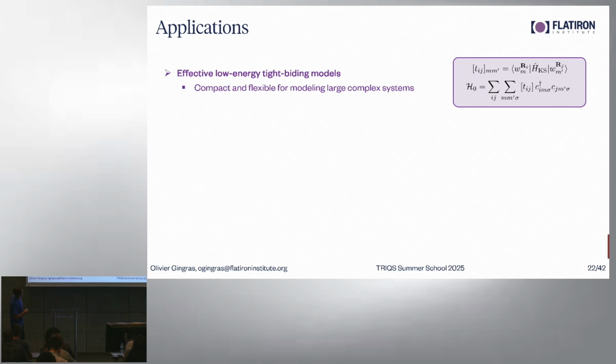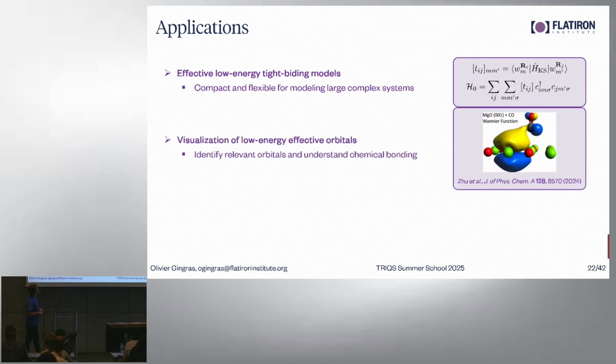The goal of Wannier90 and of maximally localized Wannier functions, why it was developed, was to extract a compact and flexible tight-binding model out of DFT. Once you have your maximally localized Wannier functions, you can project your Hamiltonian on these Wannier functions and extract just a pure tight-binding model. That's useful when you have heavy calculations and you want just a smaller, effective, low energy theory.